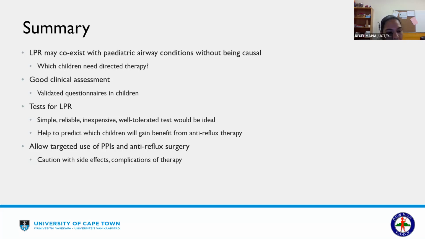And then the other thing is to allow targeted use of proton pump inhibitors and other anti-reflux surgeries, as you need to caution because there's an increased risk of side effects in children, and then obviously the complications thereof. Thank you.